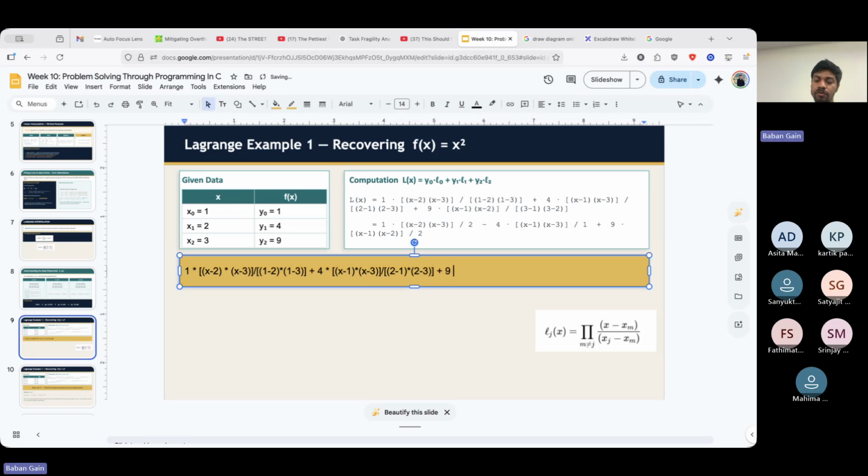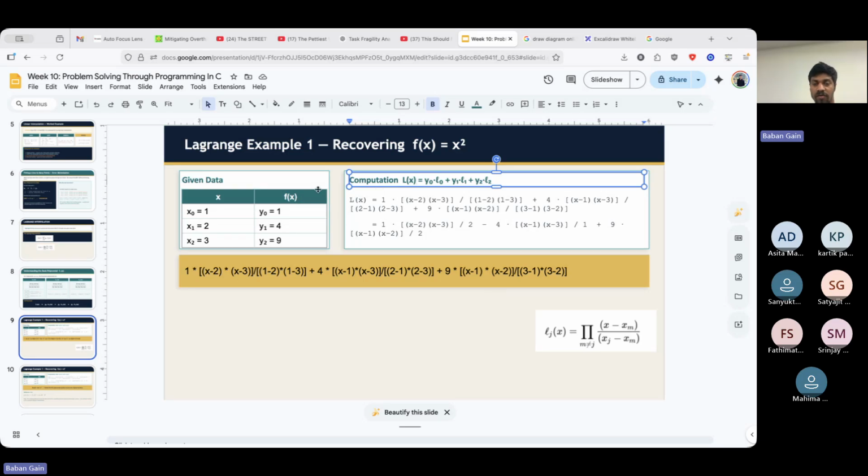Finally, for 9 as well, for 9 you have to consider x minus 1 into x minus 2 divided by 3 minus 1 into 3 minus 2. All right, so this is the equation to find L of x, which is like the value there.